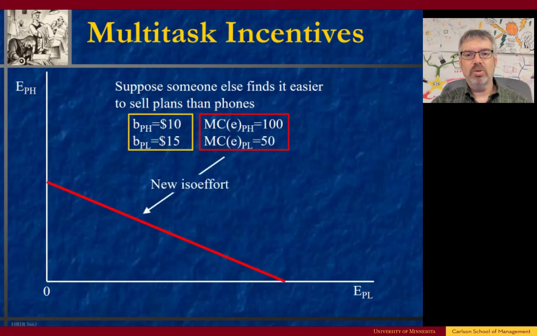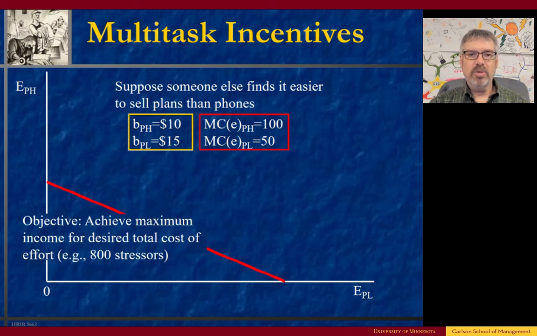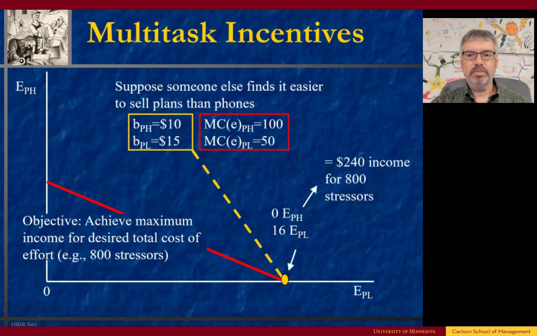And so this would be a new iso-effort curve for that individual, and they are still doing the same optimization problem, trying to find the highest level of income for this fixed effort cost. That individual would be maximizing their utility by devoting all of their effort to plans rather than phones. And again, the organization is getting what it paid for in terms of how this person sees the relative benefits and relative costs of devoting effort to selling phones and plans.